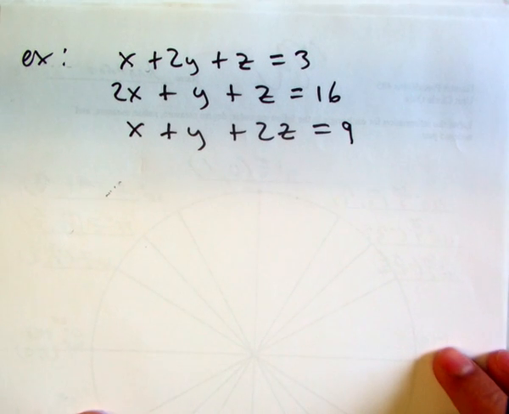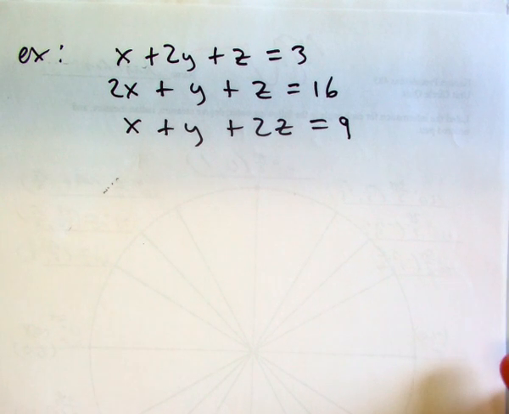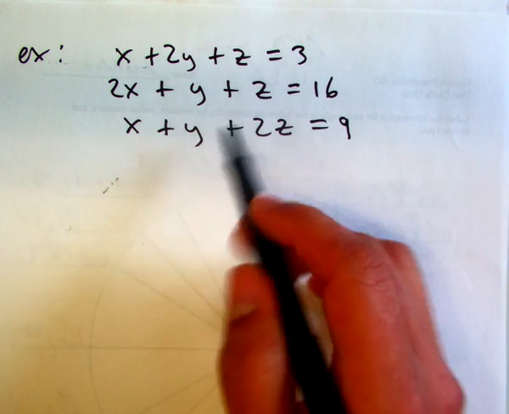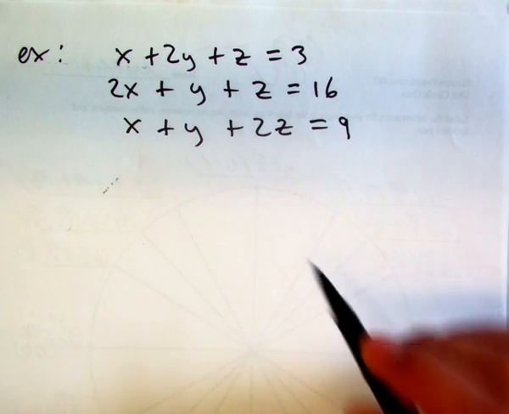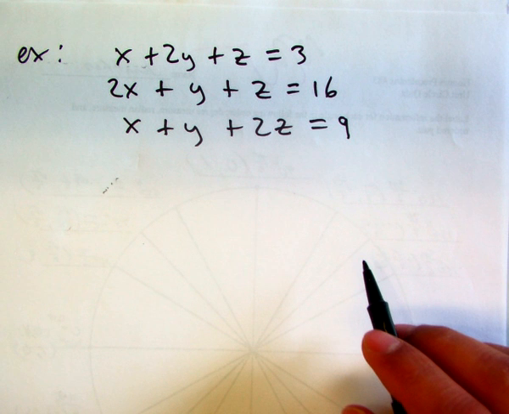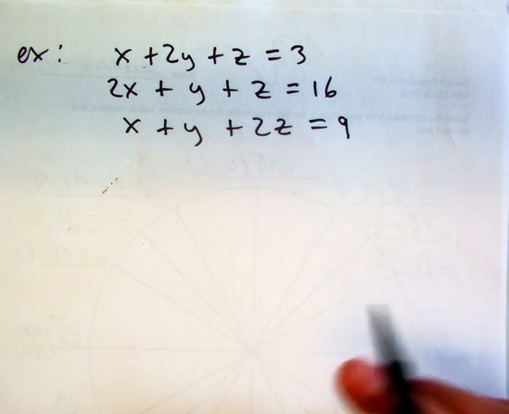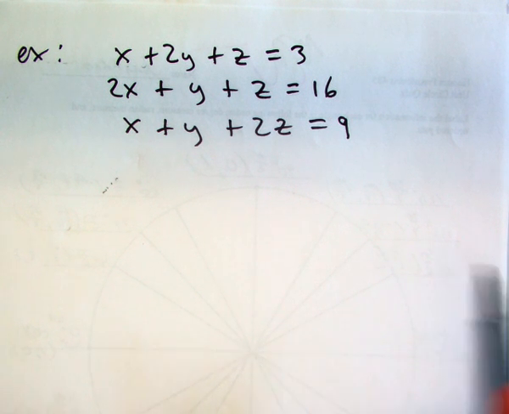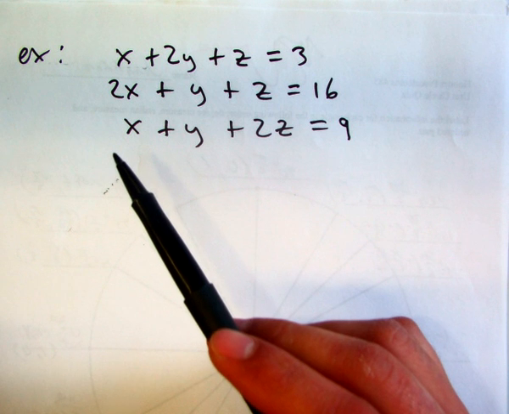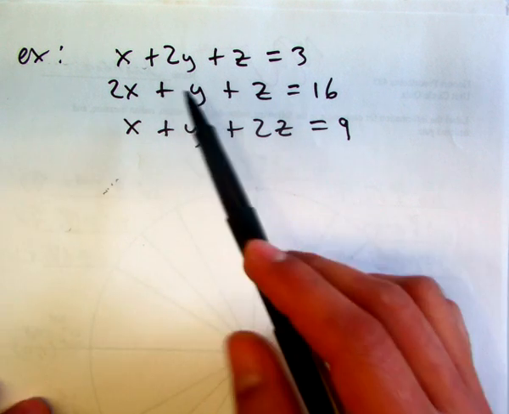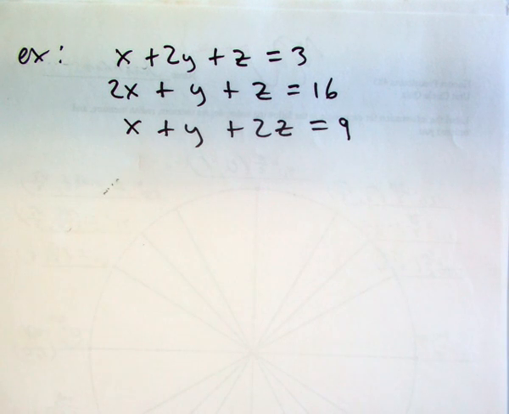This would be considered a what by what? 3 by 3. We got 3 equations, and we have three different unknowns, x, y, and z. This is the one that's a little bit more work than the others. Typically, you're going to see one answer. So this would be like 3 different planes all intersecting in one spot.